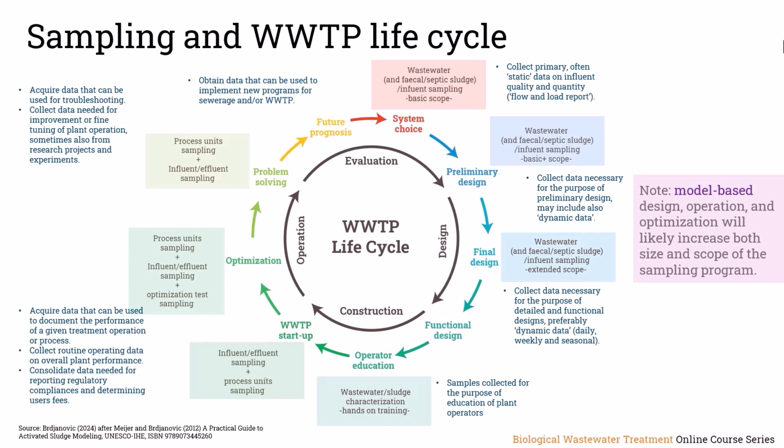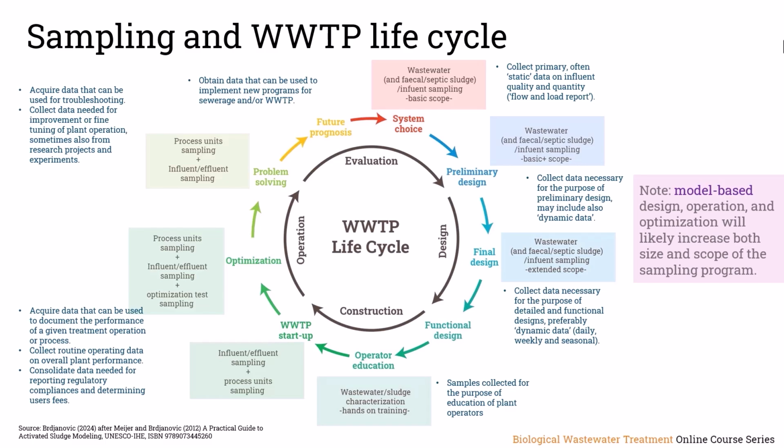Sometimes some optimization tests are performed and we collect data from these optimization tests. We also use information from sampling to solve problems. Often these problems are at the level of units, therefore we need to sample these units, not only in front of or after the units, but sometimes also inside the units.